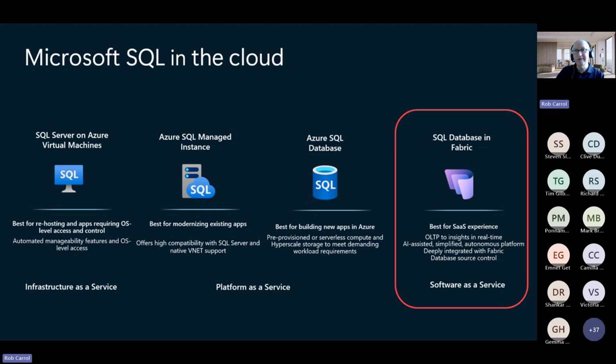These are the different flavors of databases in Fabric, but I'll focus primarily on the SQL database option. Hopefully that will expand over time to include more databases and more open source databases as time goes on.